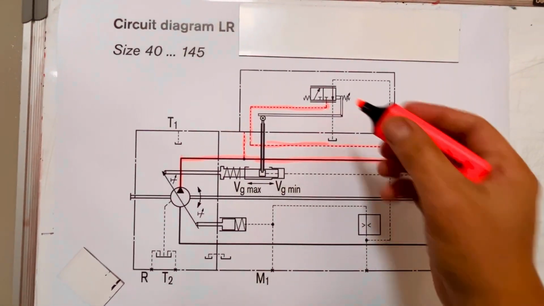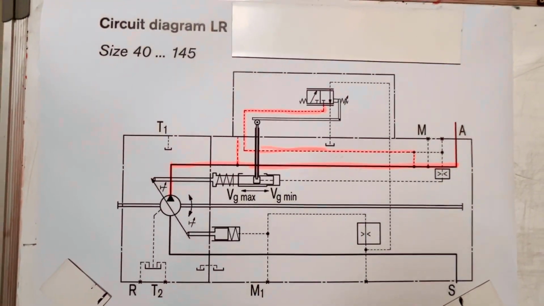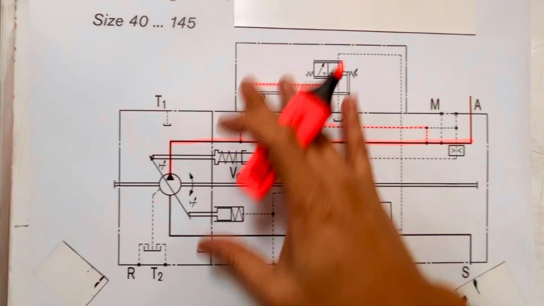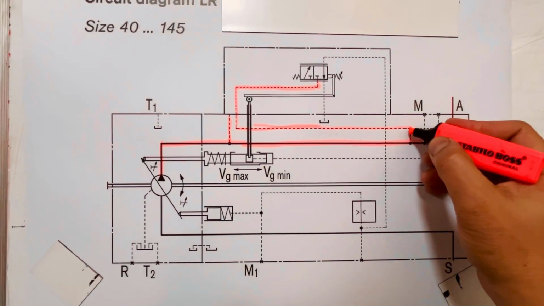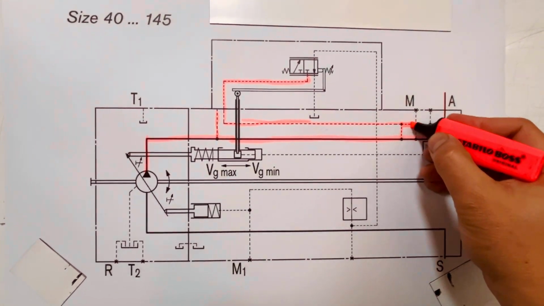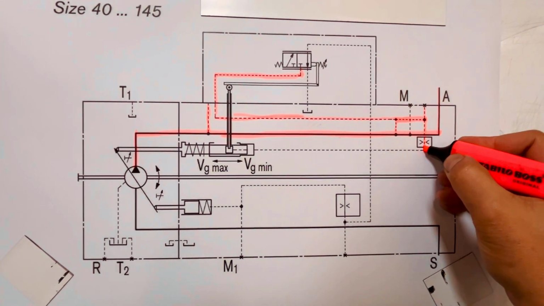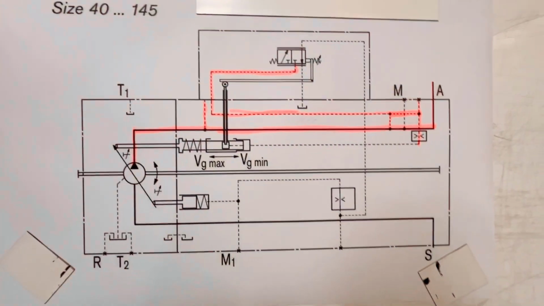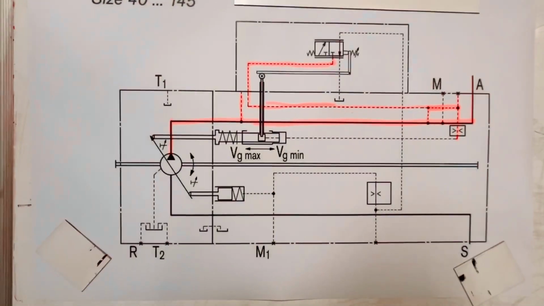So that's blocked now, closed at the moment at neutral. So this is the LR. At the same time, see here, there's a dot, so it's still connected through an orifice. That orifice is to slow the stroking time.